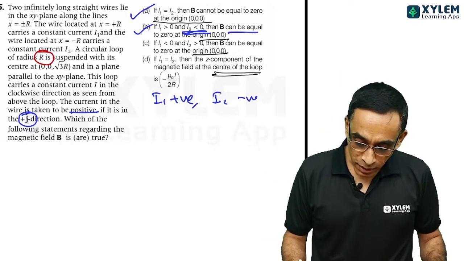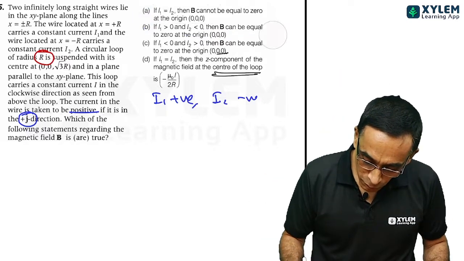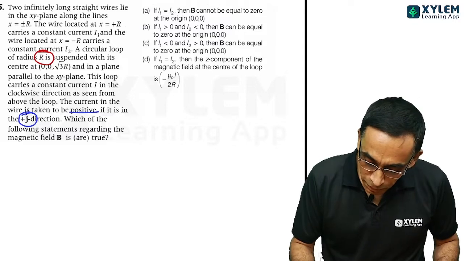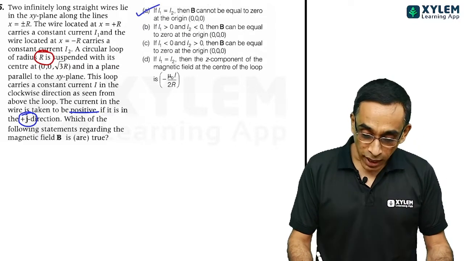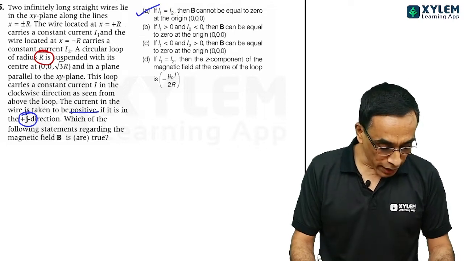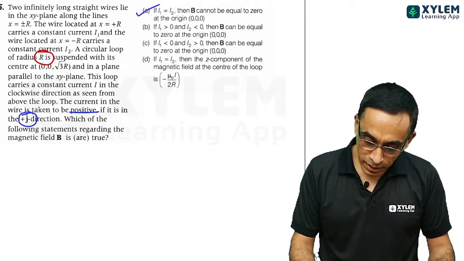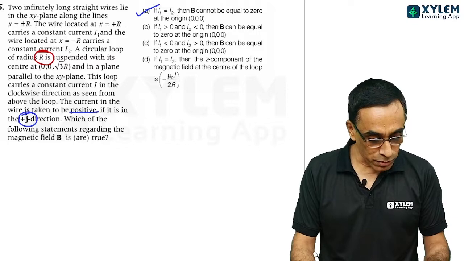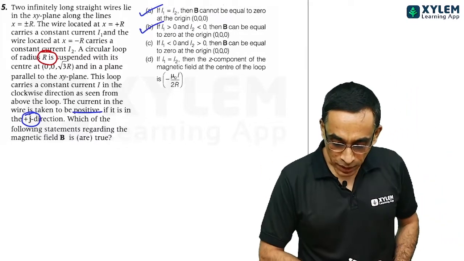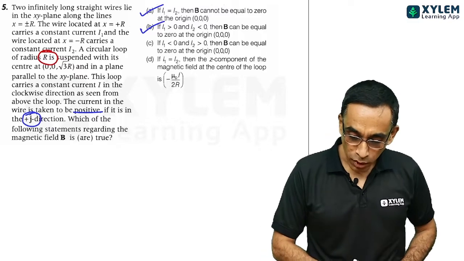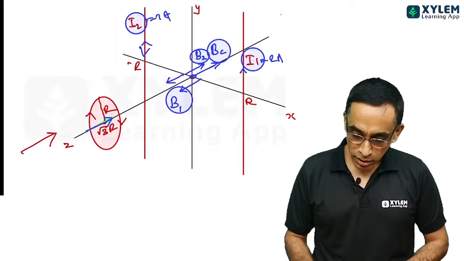അപ്പോൾ ഓപ്ഷൻ ഞാൻ പറയട്ടെ. നോക്കൂ, I1 equal to I2 B cannot be എന്ന് പറയുന്നത് ശരിയാണ്. ഇനി I1 greater than 0 and I2 less than 0, അത് നെഗറ്റീവ് ആവും. അപ്പം ആ ഓപ്ഷന് ശരിയാണ്, അത് ക്യാൻസൽ ആവാം. മൂന്നാമത്തത് I1 less than 0, I2 greater than 0.